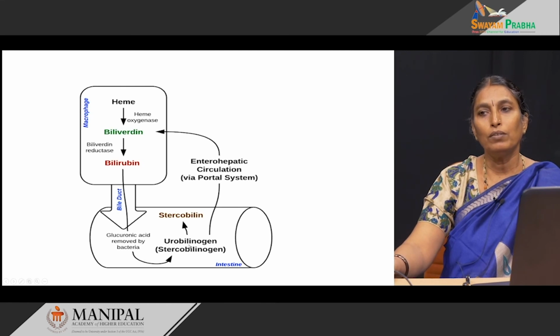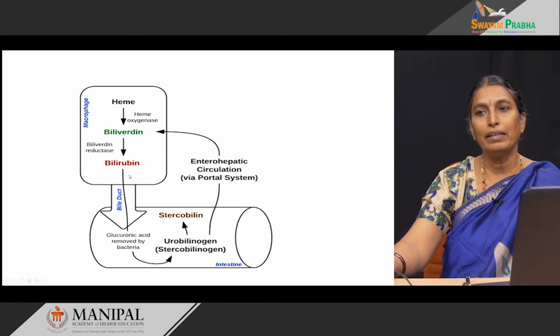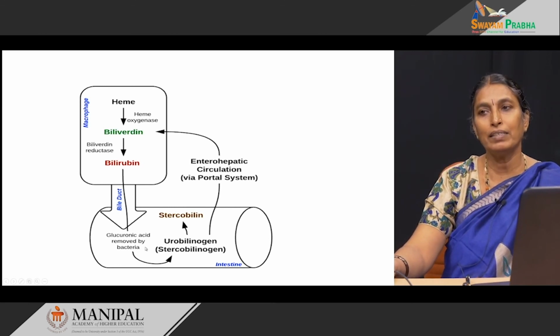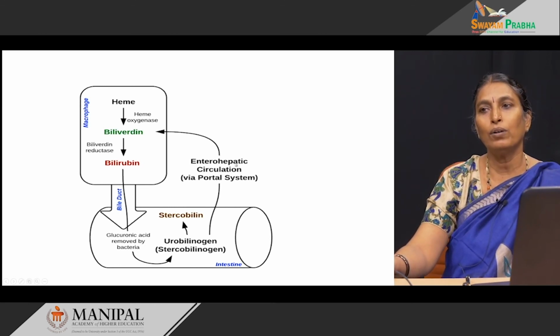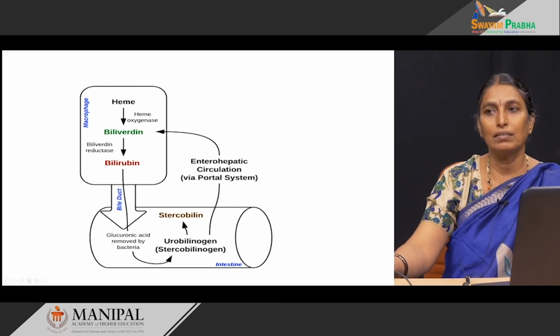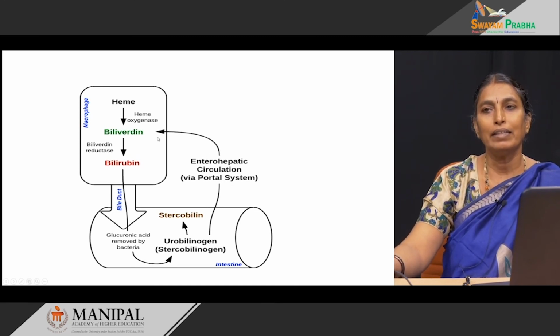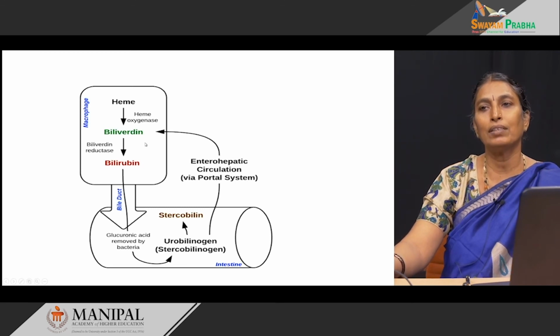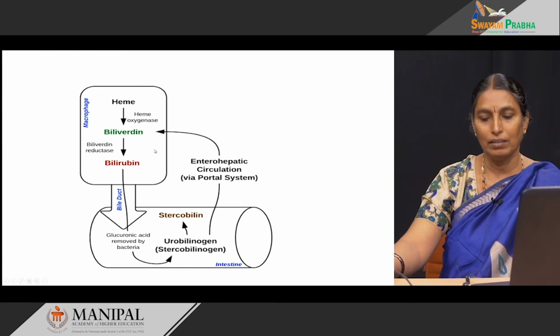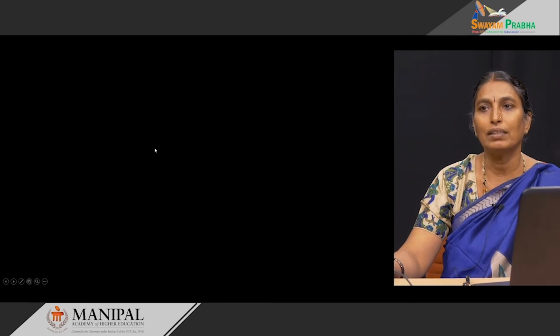So, urobilinogen getting absorbed and resecreted into the intestine is called enterohepatic circulation. And a little amount of whatever is reabsorbed, 5%, also enters the systemic circulation, enters the kidney and gives the color to the urine. This is a summary of this topic. Thank you very much.